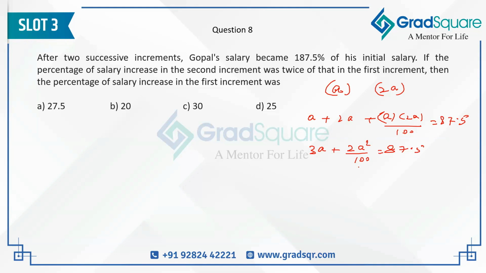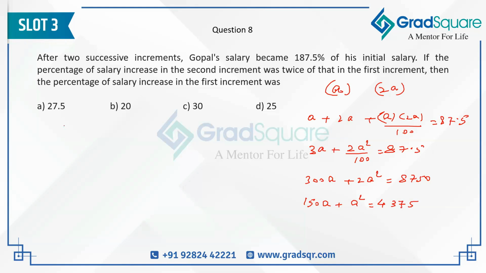It is easier for me to multiply by 100, so I'm doing that. I'm saying 300a plus 2a square will turn out to be equal to 8750. Right now, if you cancel a 2 throughout, it is going to be 150a plus a square equals 4375.